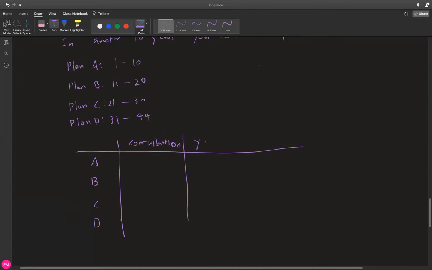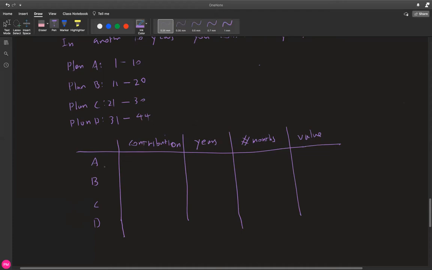The third is years. And the next will be the number of months. And lastly, the value. So this can be very confusing, so please bear with me.